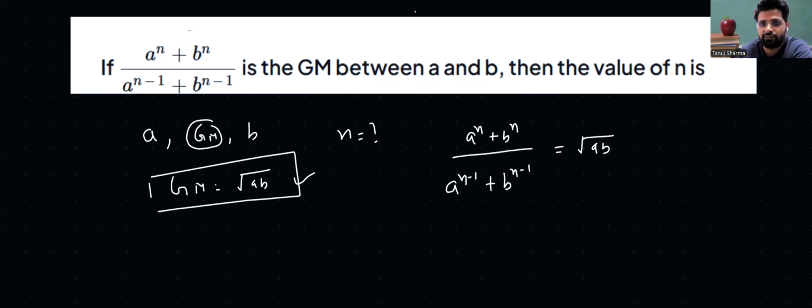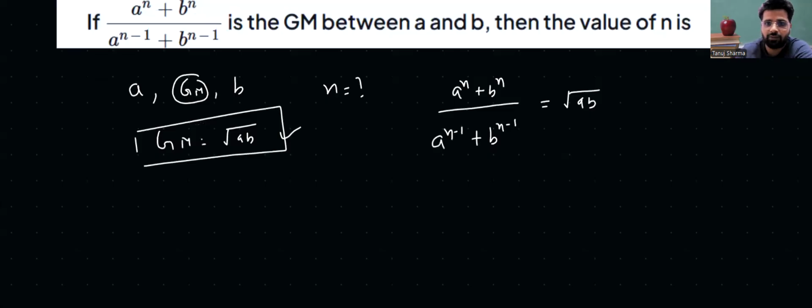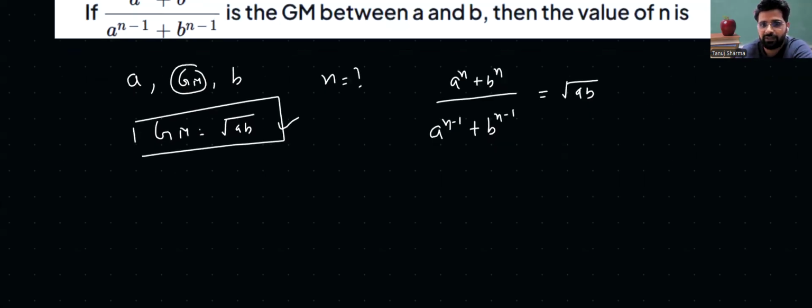Now we have to apply the exponential rules to find the value of n. The first step is that we have to remove the square root, and the only way we can do that is to square both sides.